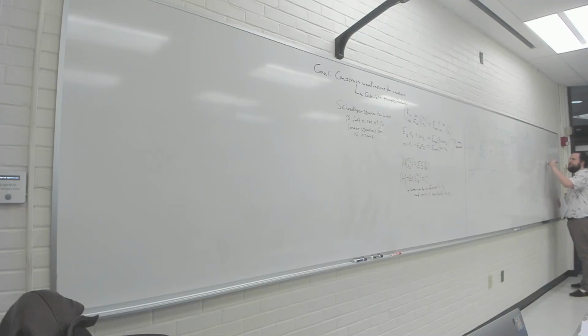Now the electrons are shared between the atoms. We call this bonding. This is what's called a bonding orbital. Remember that all bonding, at least in a covalent way, is the sharing of electrons across two atoms.